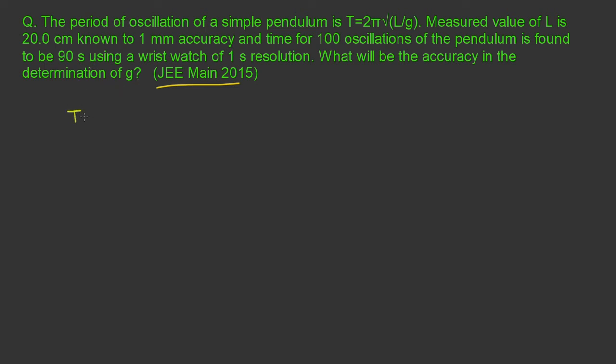Here it is given T is equal to 2 pi into square root of L by g. Therefore, I can write g is equal to 4 pi square L by T square. We know the time period T is equal to t by N, where small t is the time measured and N is the number of oscillations.